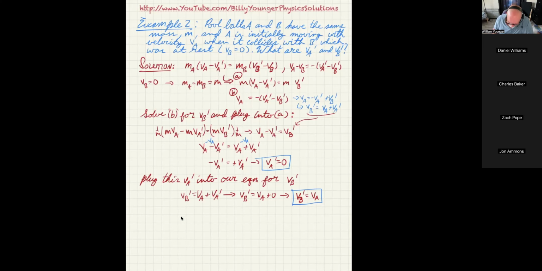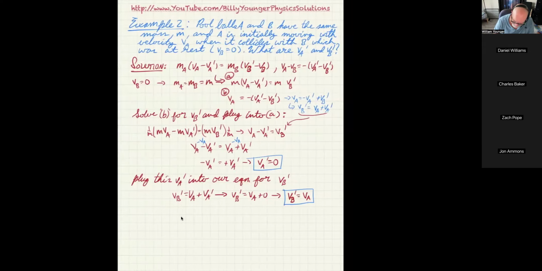Now with example 3, we can do the same thing, only this time we're going to do it as if both balls are moving. So let's look at example 3.